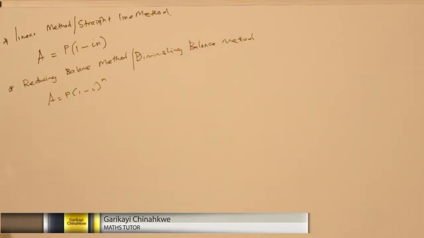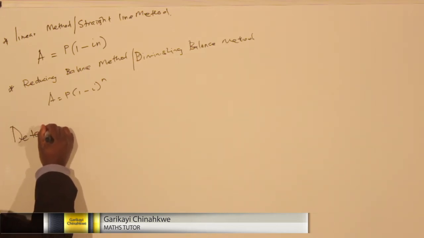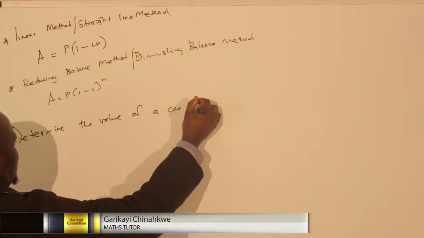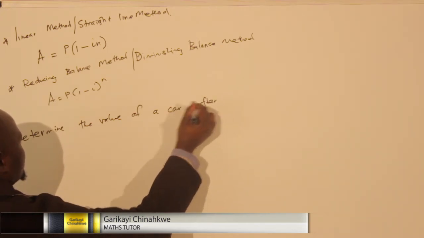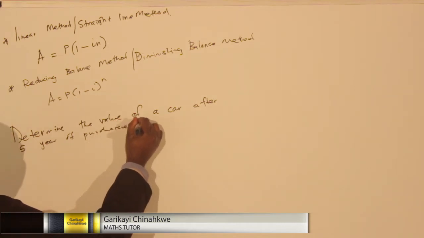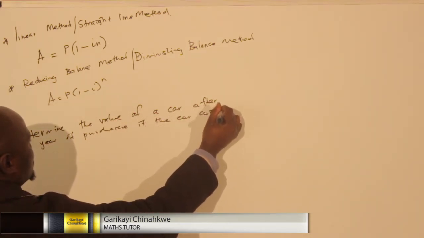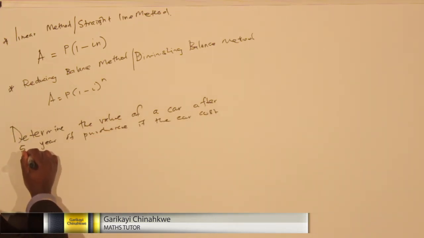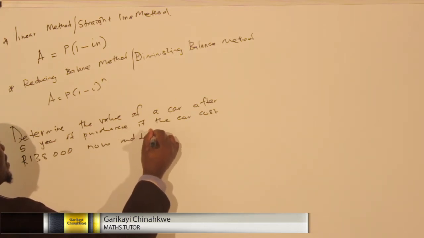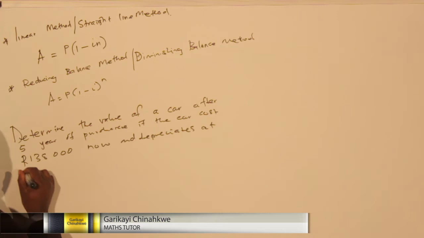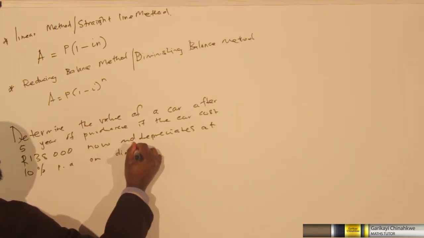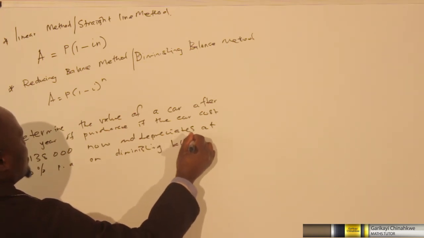Okay, for example, determine the value of a car after 5 years of purchase, if the car costs 130,000 rands now and depreciates at 10% per annum on diminishing balance method.